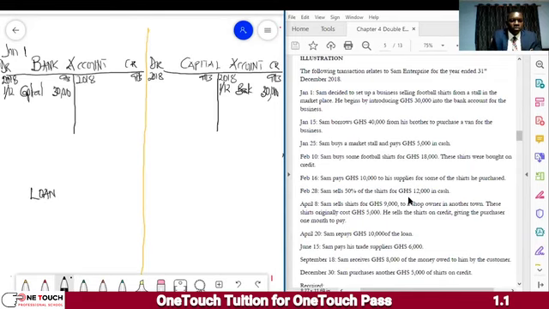Loan account. So this is 2018. Good. So on borrowing, that is 15th.